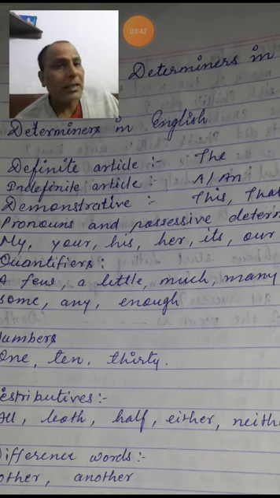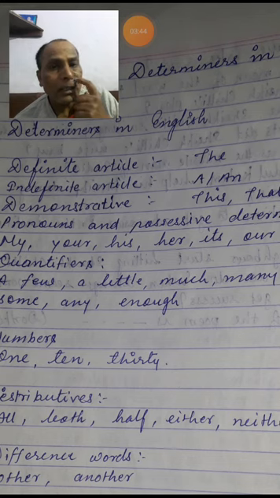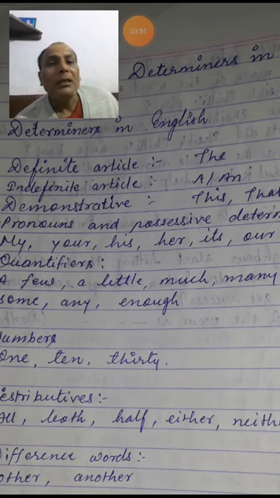H is silent there and O dominates, so we use an honest, not a honest. In the same way, when we speak university, Y dominates over the letter U and we use a university, not an university.